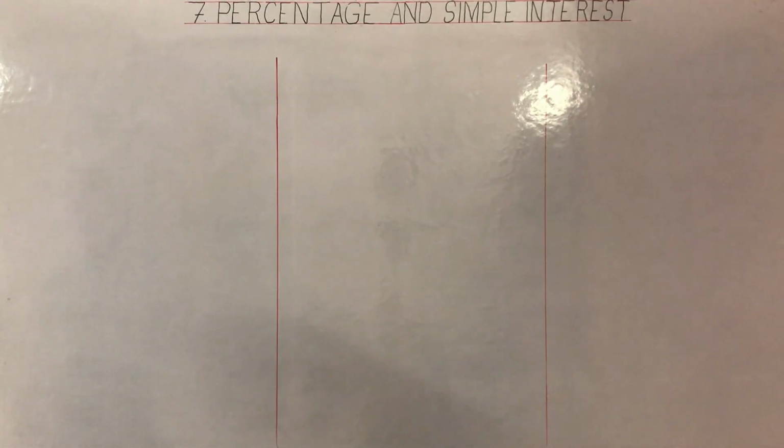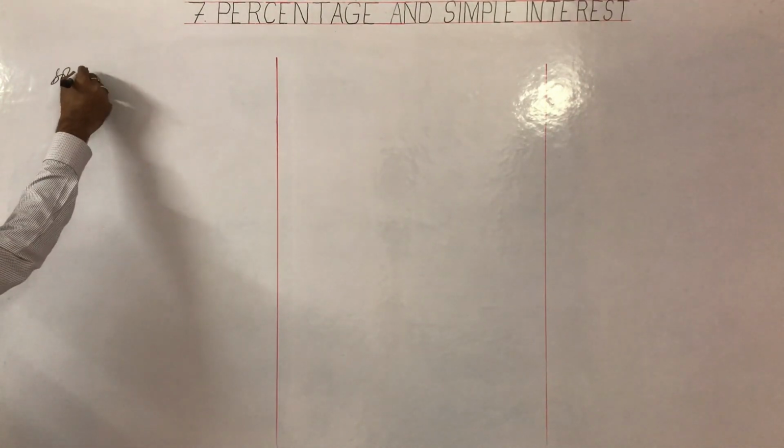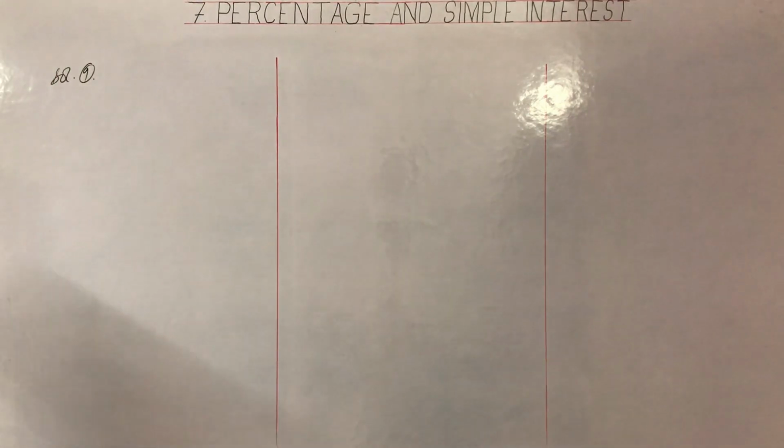Next question, question number 9. Monica obtained 45 marks out of 50 in physics. What percent of marks did she get in physics? So, again a word problem. Solution 9. First of all, Monica obtained 45 marks out of 50 in physics.